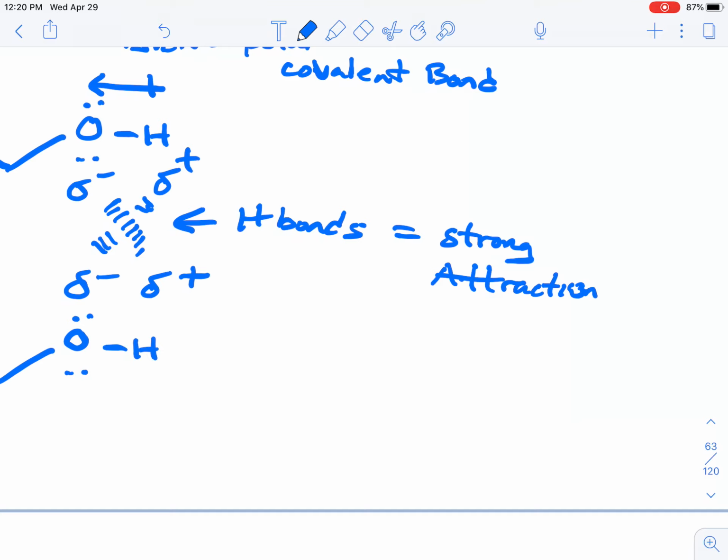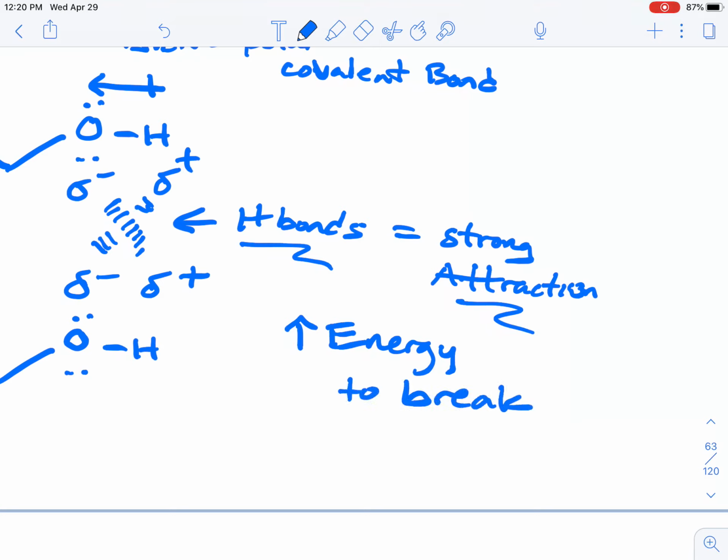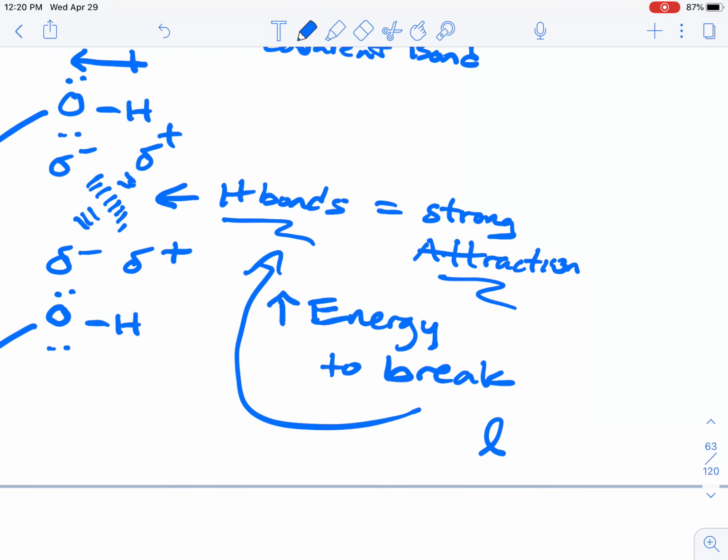And so if you have intermolecular forces, such as hydrogen bonds, that induce strong attractions between two of these alcohol molecules, then that means that for these two molecules to go from liquid to gas, you would have to invest a lot of energy to break them apart. So you need high energy to break these hydrogen bonds so that the molecules can go from liquid state to gas state.